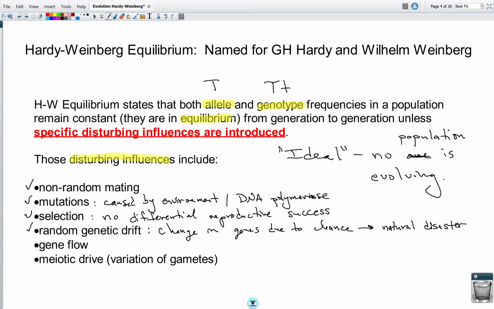That's random genetic drift. Hardy-Weinberg says, no, you can't have that.